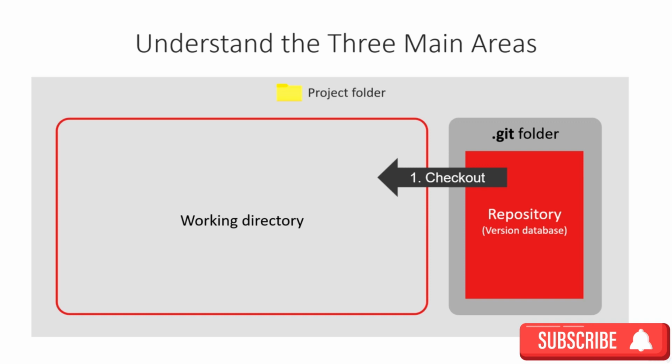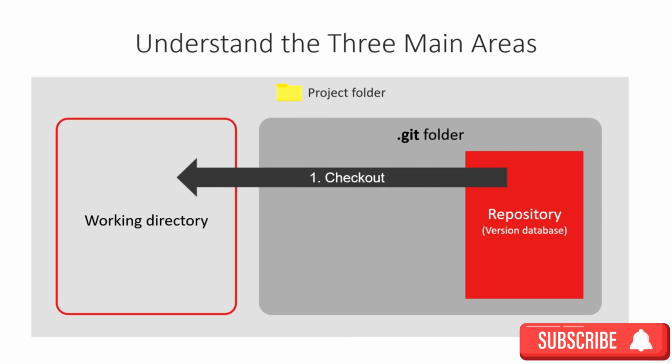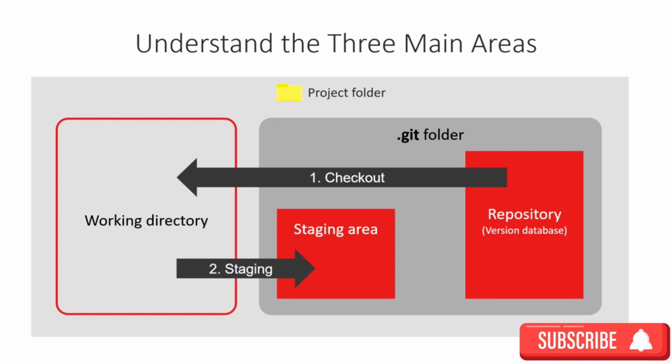But when you want to commit the changes from your working directory to the Git repository, a third area gets involved. That area is also part of the hidden Git folder, and it is the so-called staging area. When you have changed files in the working directory, you can add those files to the staging area.